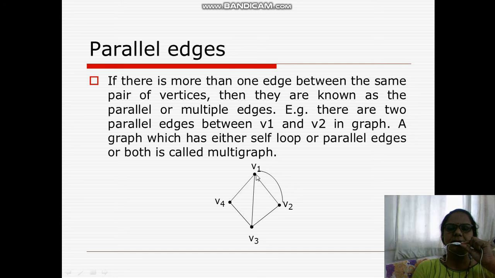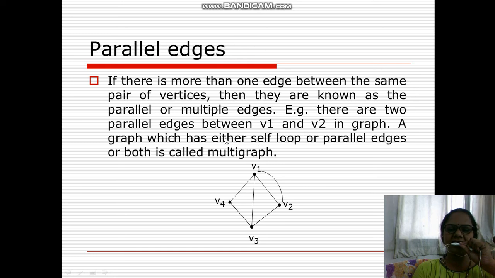Look at this, between V1 and V2, the same pair of vertices, we have more than one edge. These are called parallel or multiple edges because V1 and V2 have two edges starting from V1 and ending at V2. This is one edge, and this is another edge starting from V1 and ending at V2. So we have two edges between the pair of vertices. That is called parallel edges or multiple edges. See, there are two parallel edges between V1 and V2 in the graph.